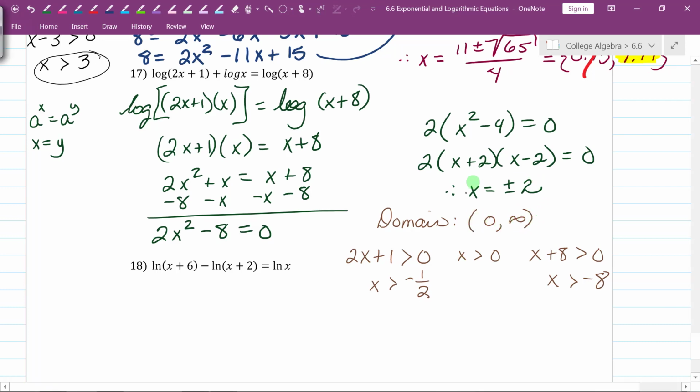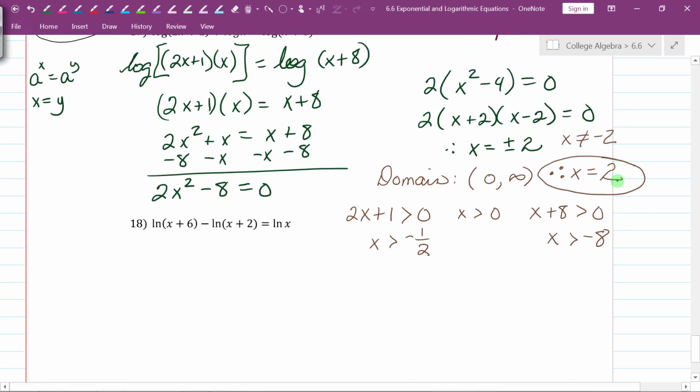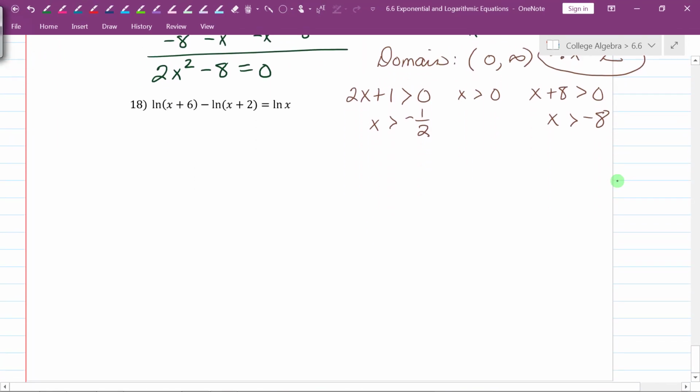I now have to compare over here, and I can say, therefore, x is equal to positive 2 is our only solution. X cannot equal negative 2 because it's not in the domain. Let's look at number 18, our last problem for the day.